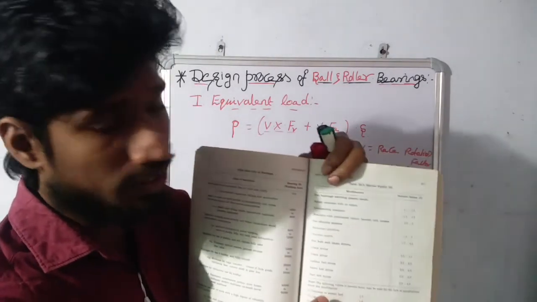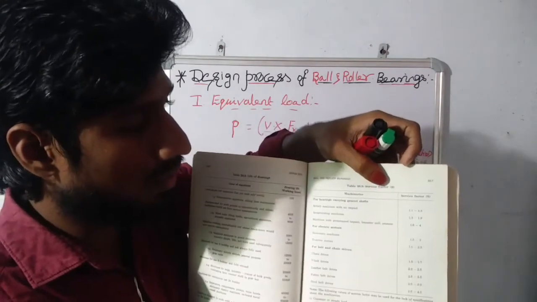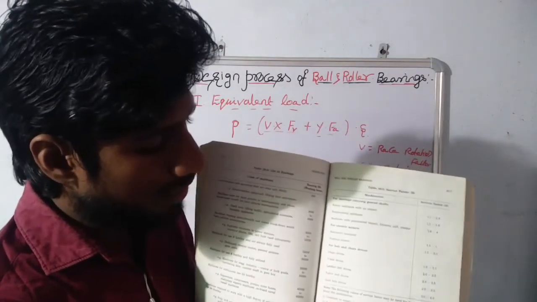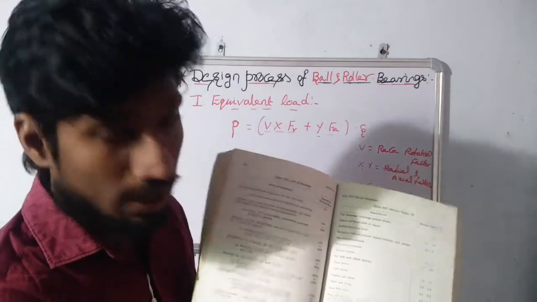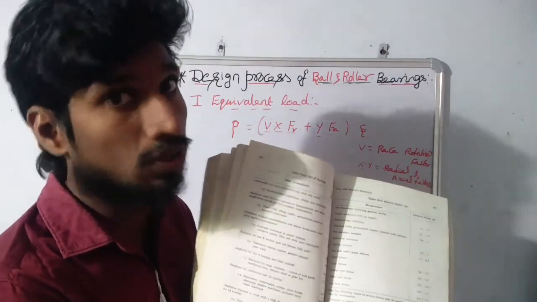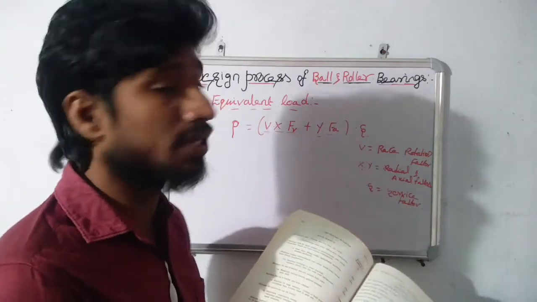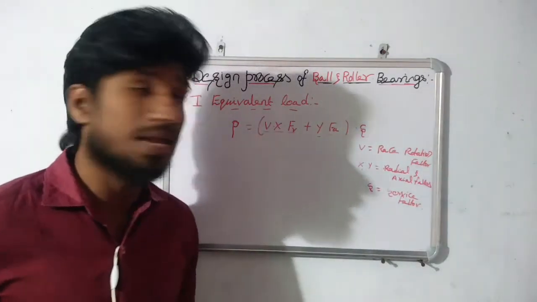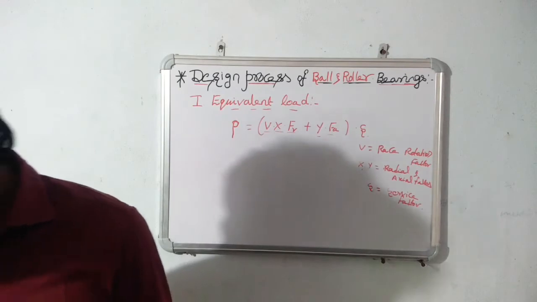For example, I consider a constant or steady load. At this condition, the service factor is equal to 1.0. So this is about the requirements in the equivalent load condition.